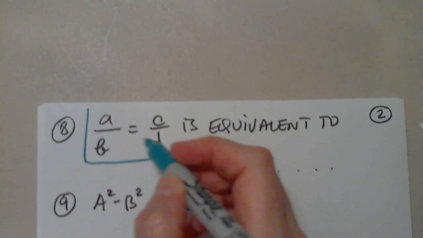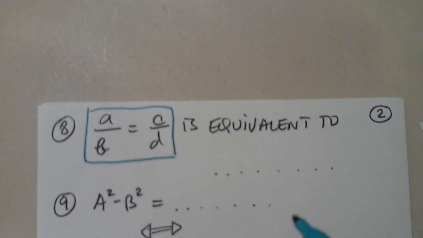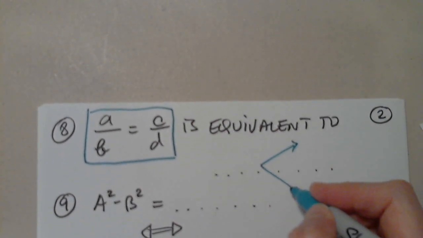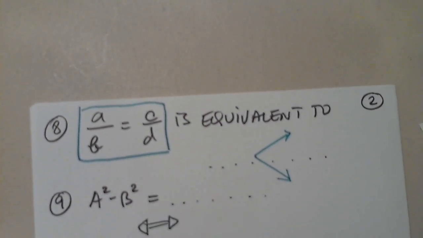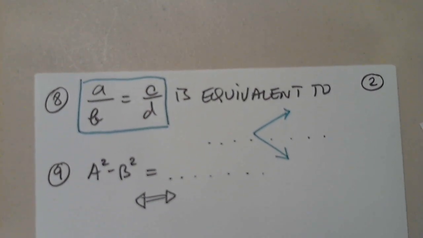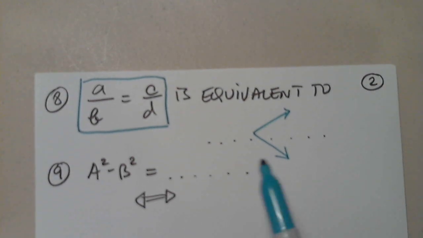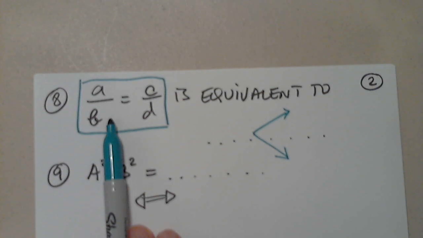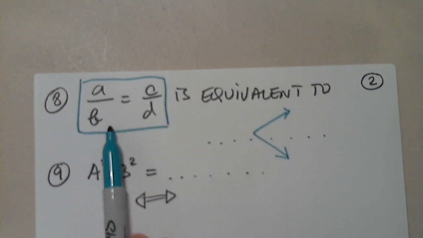This, which we already discussed, is equivalent to, and you have 2 different options here. So this is equivalent to, and what are the options? We looked at both options last time.